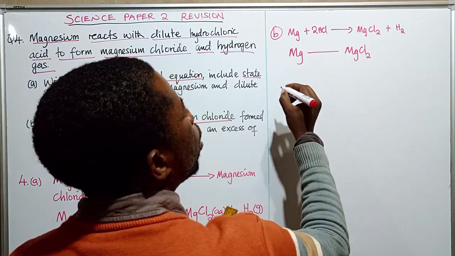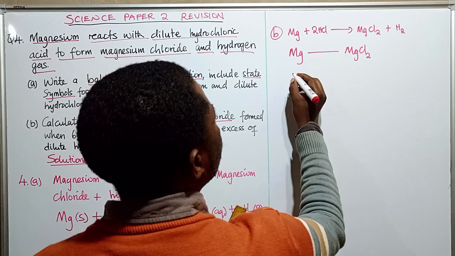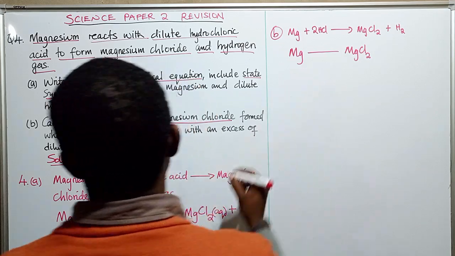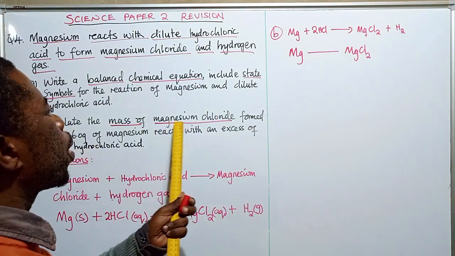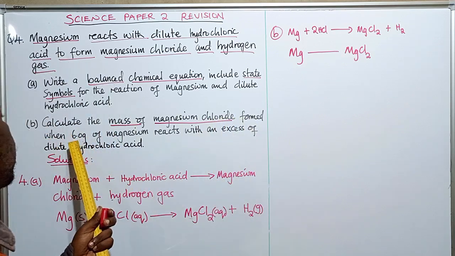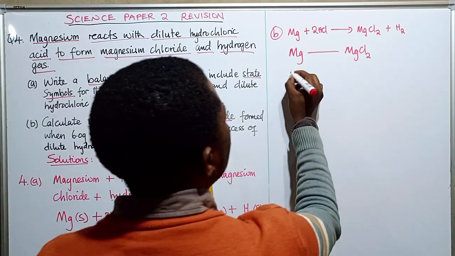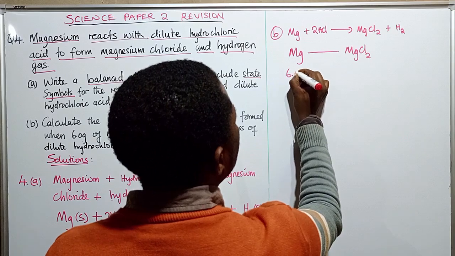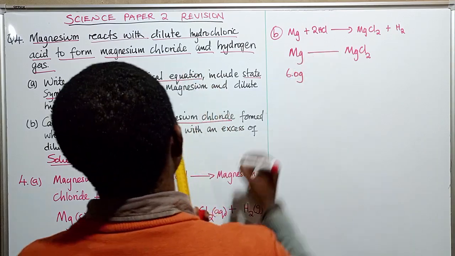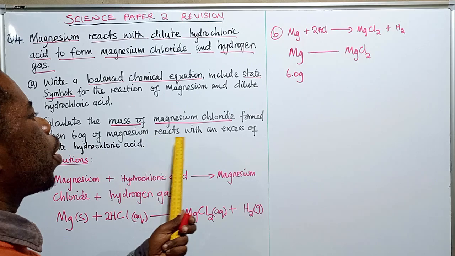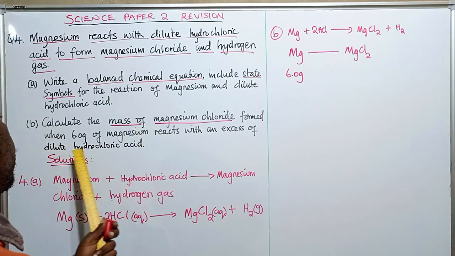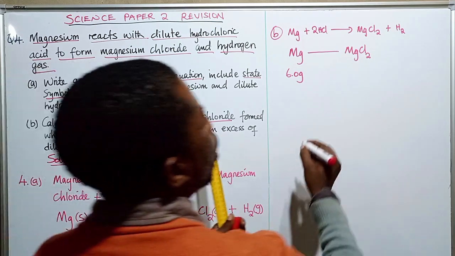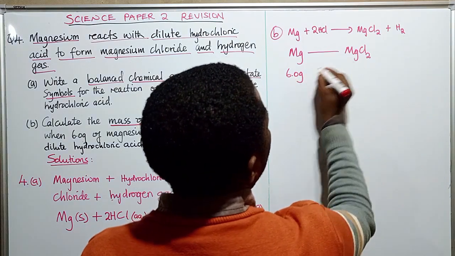They've given you magnesium, they're asking you to find the mass of magnesium chloride. Therefore, you can use the mass to mass relationship. Here they're saying calculate the mass of magnesium chloride formed when 6.0 grams of magnesium reacts with the excess dilute hydrochloric acid. So they're saying find the mass here.